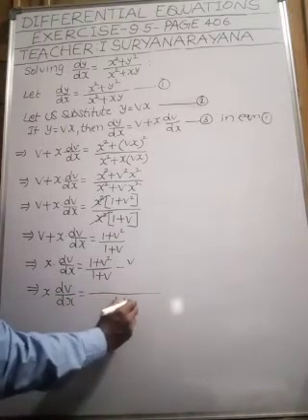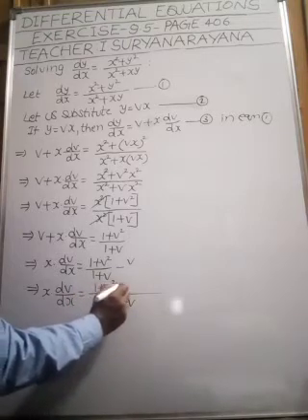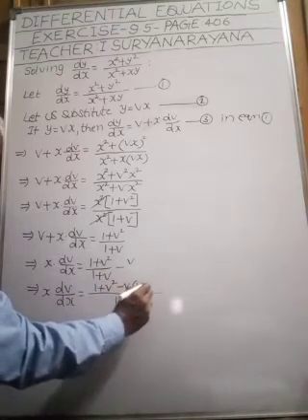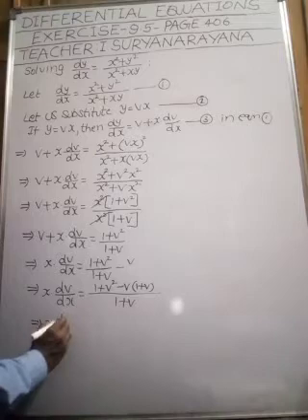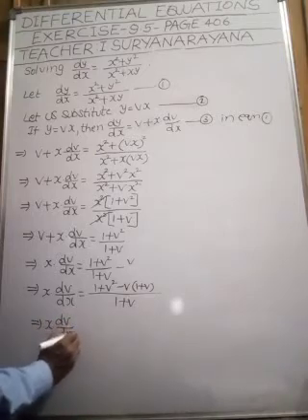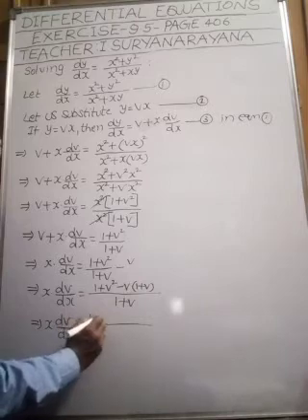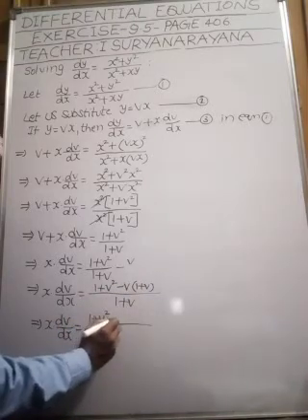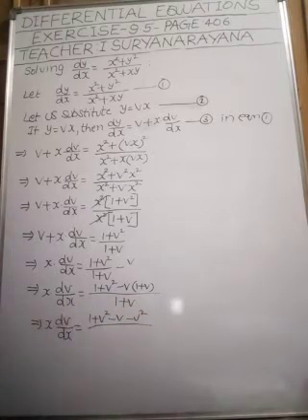Here LCM is 1 plus v. Here what will we get? 1 plus v square minus v into 1 plus v. Understood this numerator, my children? Right. This implies x dv by dx is equal to, what will we get in the numerator? 1 plus v square minus v square. Understood this step, my children?